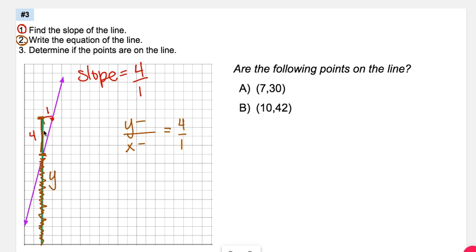So I have y minus 1, 2, 3, so I'm just subtracting 1, 2, 3, 4, 5, 6, 7, 8, 9, 10.